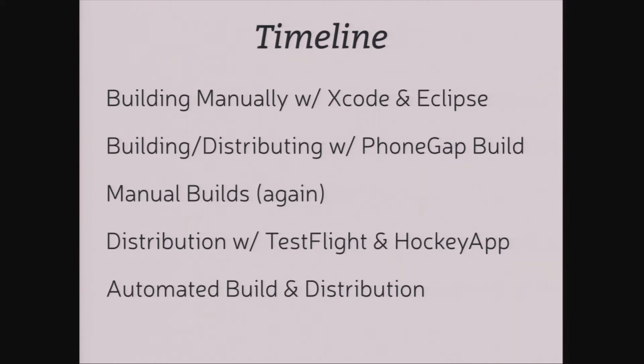And then after that, we started to build and distribute with PhoneGap Build. And then there was a period of time when we had to go back to manual builds again. And then distribution with TestFlight and HockeyApp services. And then full automated build and distribution to our QA people and our product team.